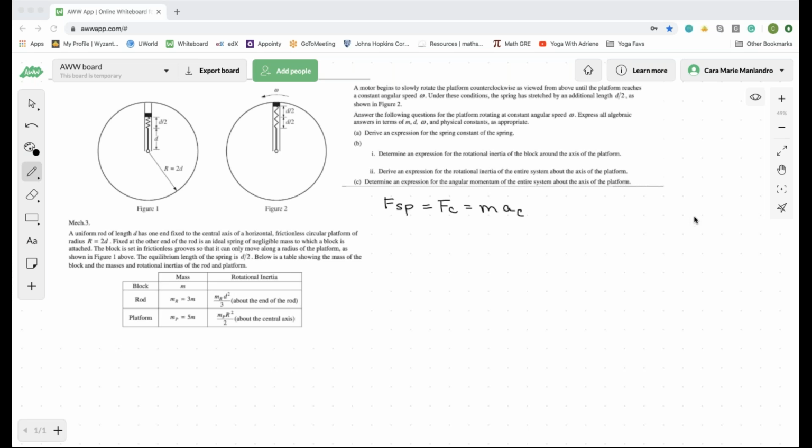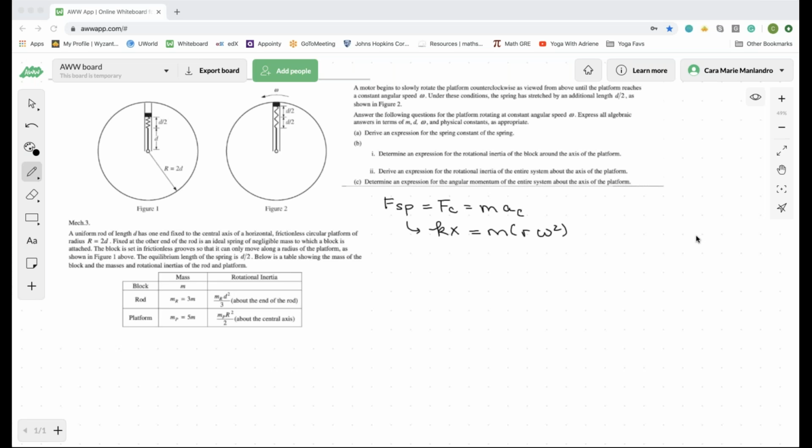So from here, this is kx, your force of the spring, and then m, and now we don't necessarily know your linear velocity or your linear acceleration, so we're going to put that in terms of your angular acceleration. So this should be equal to r omega squared, okay?